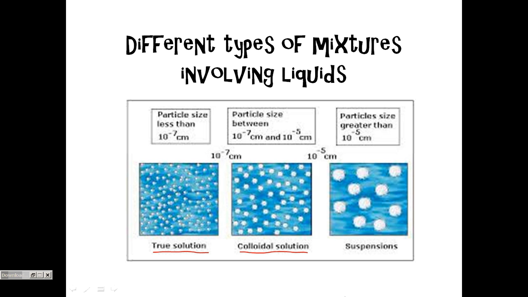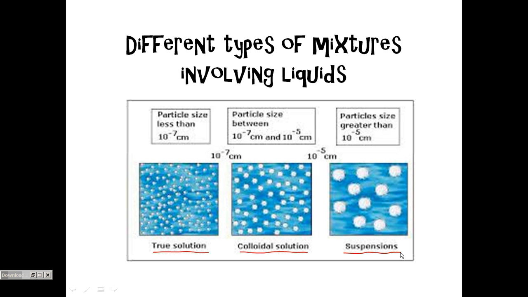In suspensions the particulate size is very large, and a very remarkable property of a suspension is that whenever you pass light through it, you can make out the path of the light. This is also called the Tyndall effect. You will be introduced to the Tyndall effect maybe in this standard or in 11th standard, but it is a very particular property of suspensions.